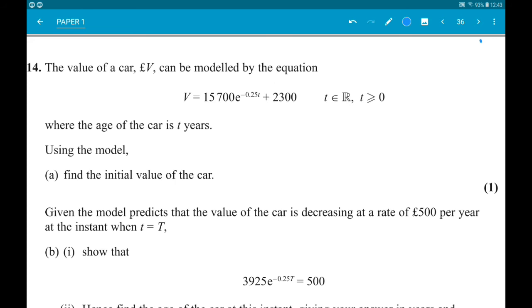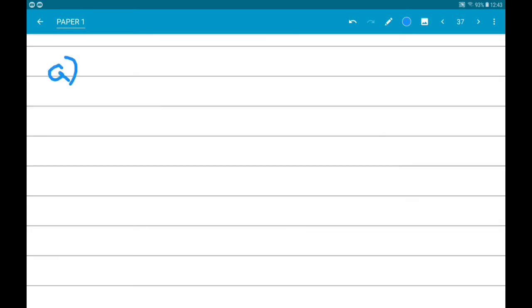So this is when t is equal to 0. Well, e to the power 0 is 1, so we get 15,700, add 2,300, we get £18,000.